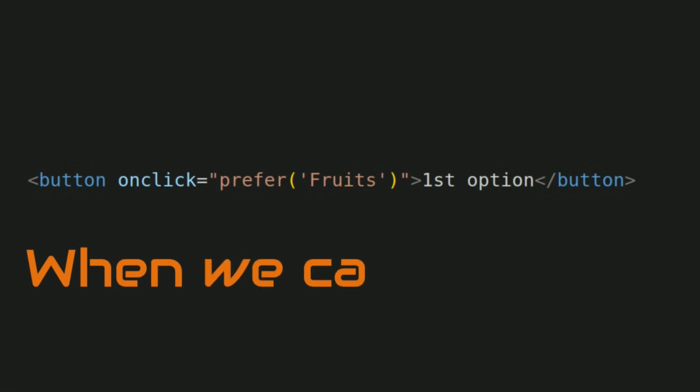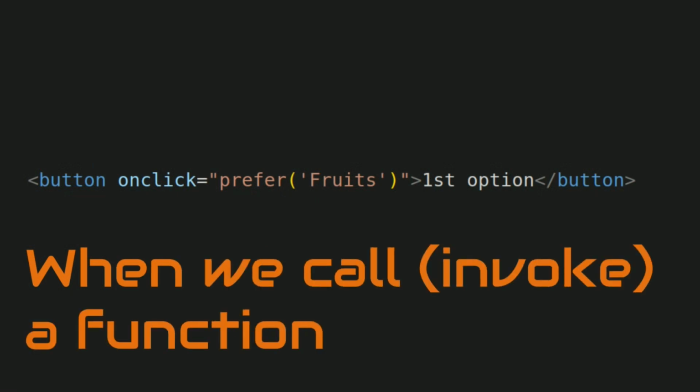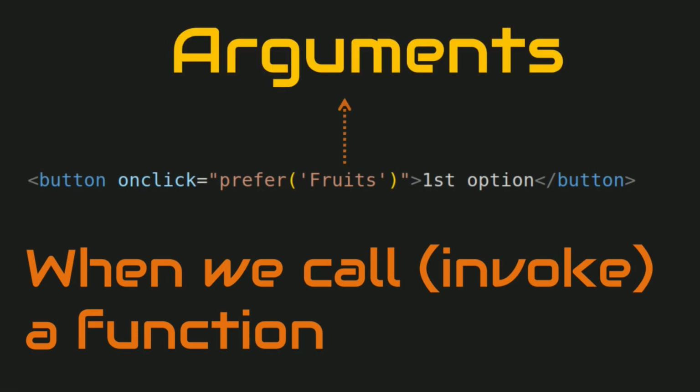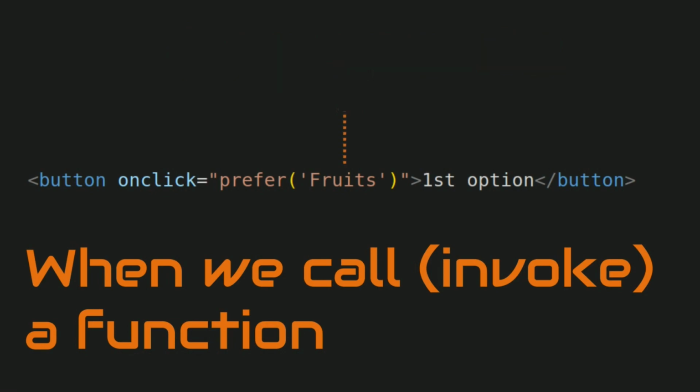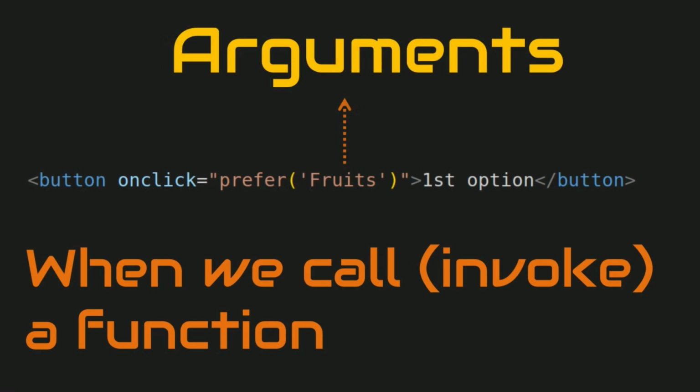When we invoke a function, between the pair of parentheses, we may send one or more arguments. If the function has no parameter, we don't send any argument. If the function has one parameter, we send one argument. If the function has 2 parameters, we may send 2 arguments, and so on.